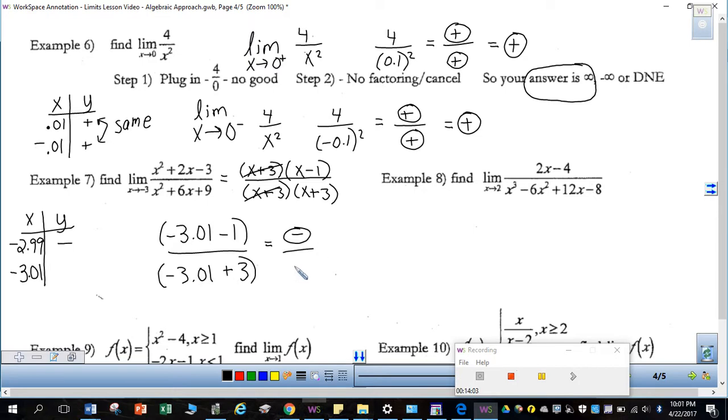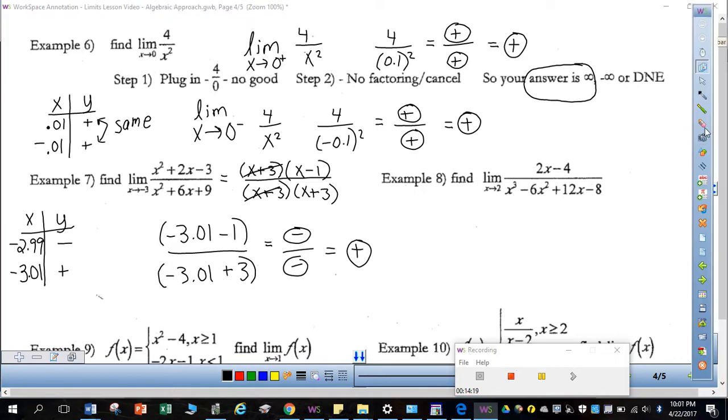The denominator will also be negative. A negative divided by a negative equals a positive. So that tells us that our graph is going to be going upwards, approaching positive infinity as we approach negative 3 from the left side. So because these two are not the same, that means that our limit does not exist.